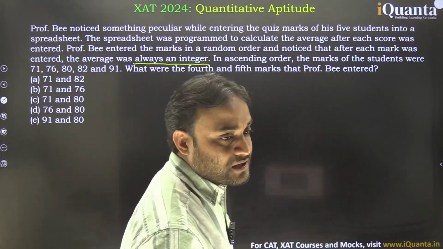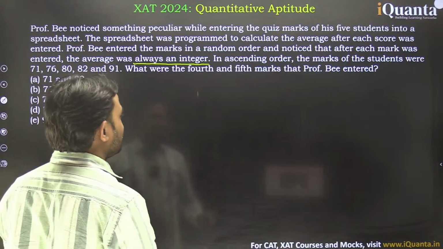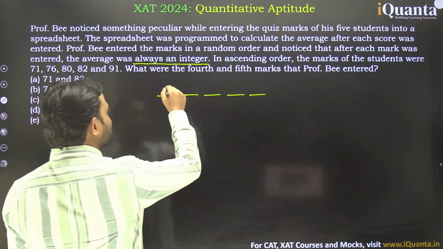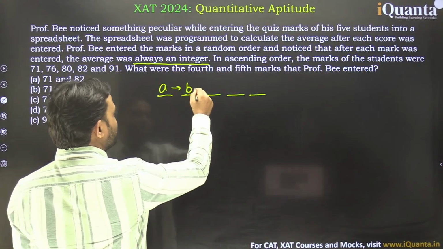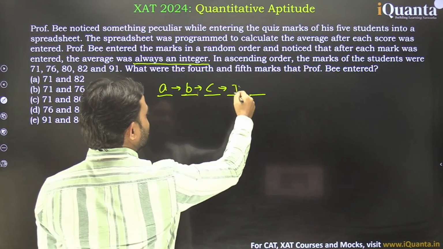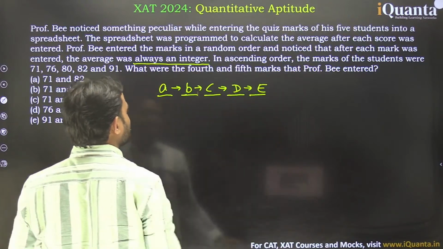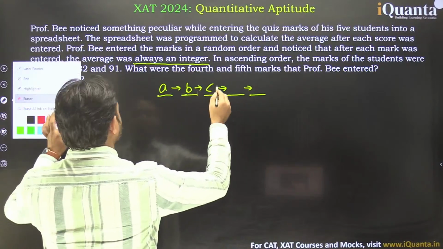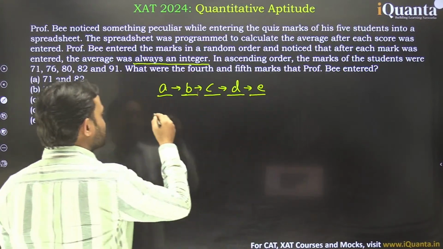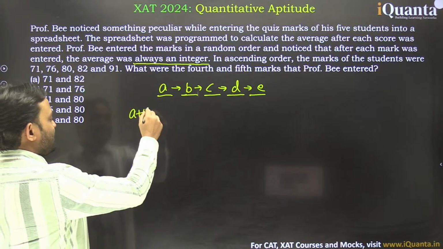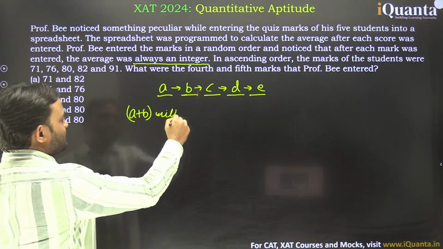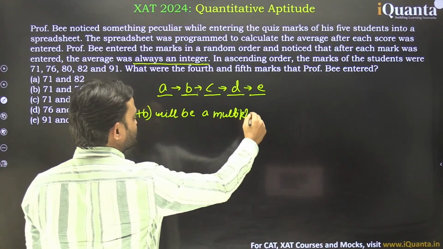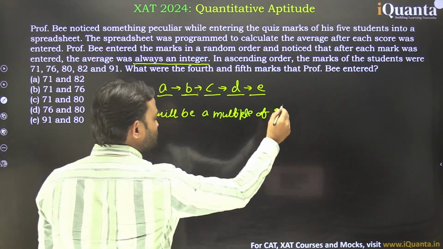So 4th and 5th marks, let's see. If marks were entered in the order A, then B, then C, and then D, then E. These are the marks entered. Each time the average is an integer, can we say A plus B will be a multiple of 2?